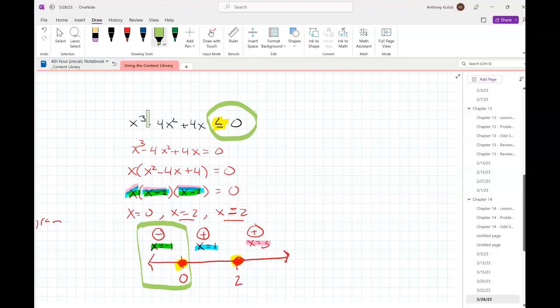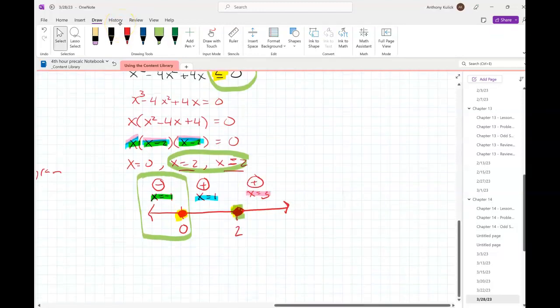What else did I miss? I also need the 2. Why do I need the 2? My inequality is less than or equal to 0. We know that 2 is a solution to this thing equal to 0. So that also has to be part of my solution set.